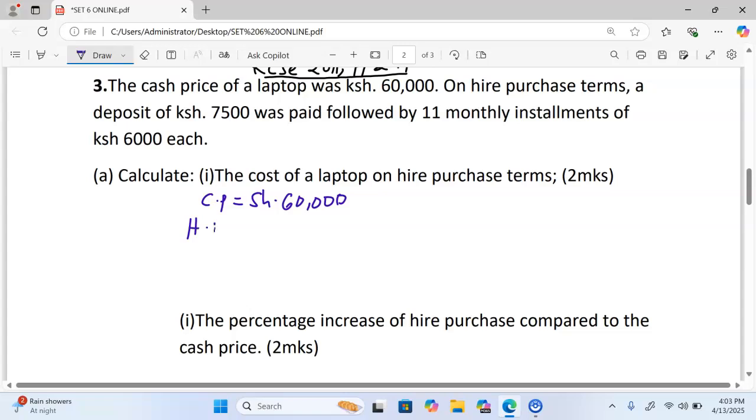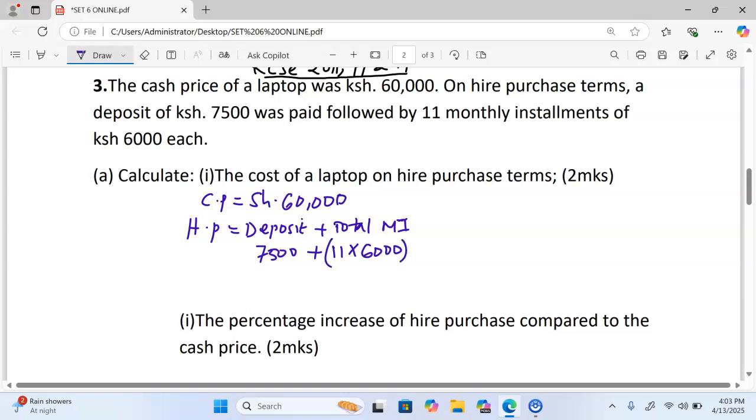Remember, hire purchase is given by deposit plus total monthly installments. We have a deposit of 7,500 plus we are going to pay the balance in 11 months, and each month is going to be 6,000.